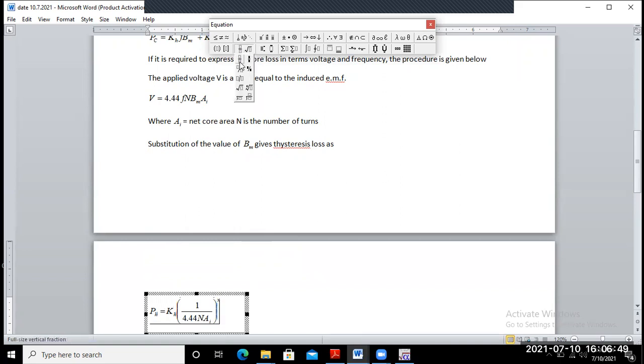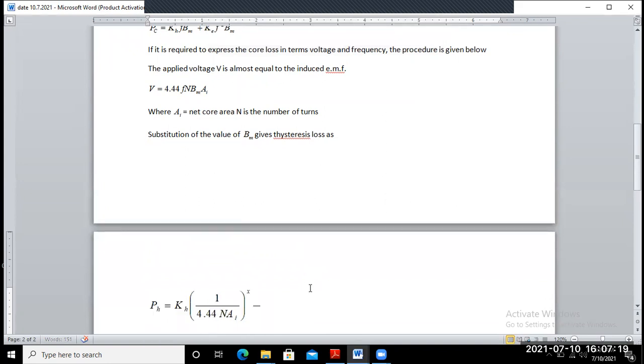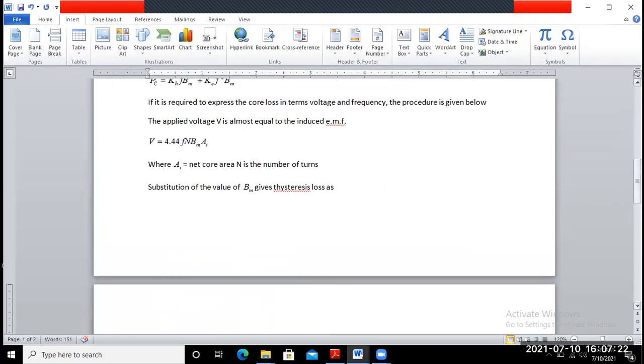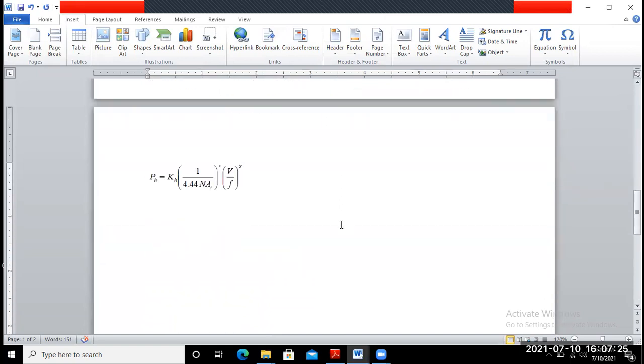So from this equation, hysteresis loss depends on the supply voltage and the frequency.